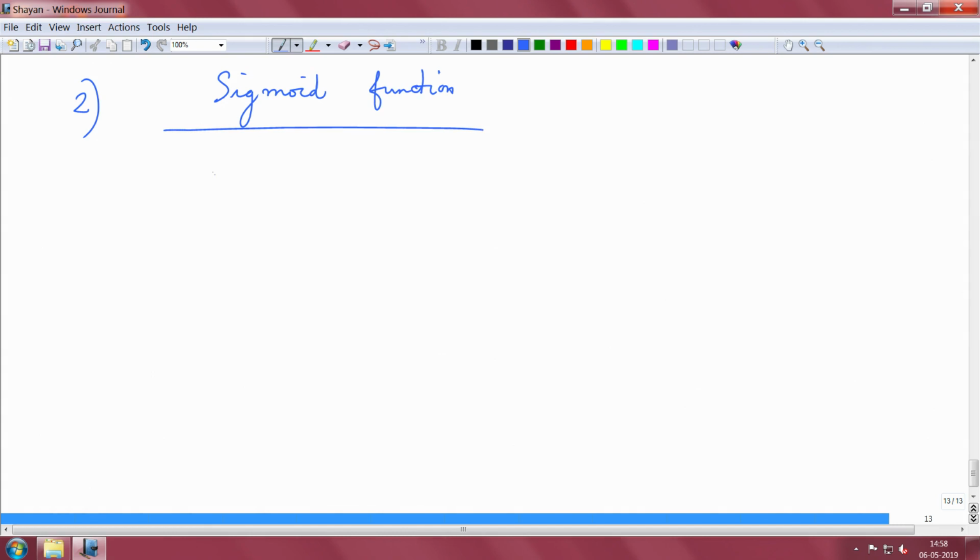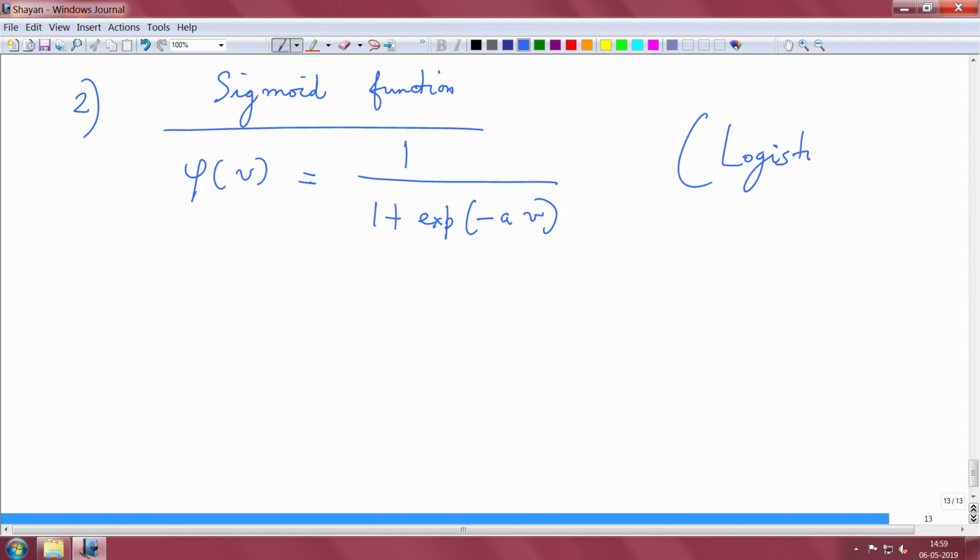The sigmoid function is given by phi of v, which is equal to 1 upon 1 plus exponential a times v, and is also called the logistic function.